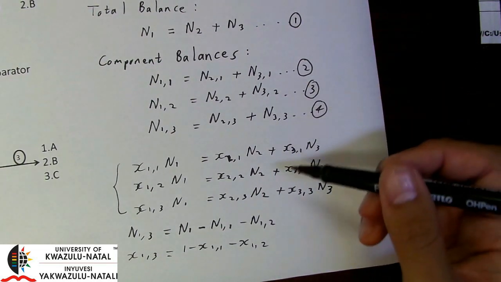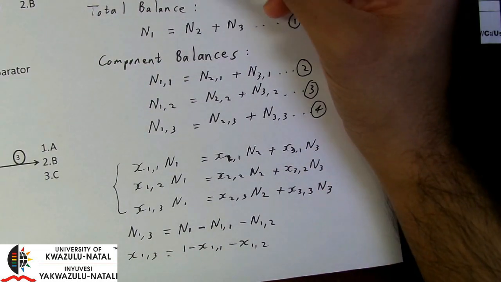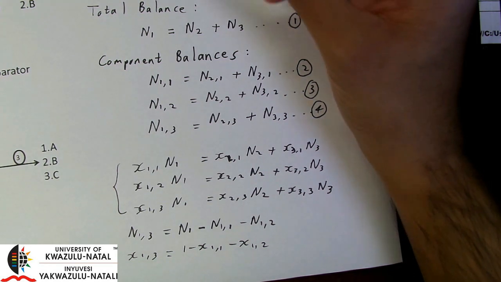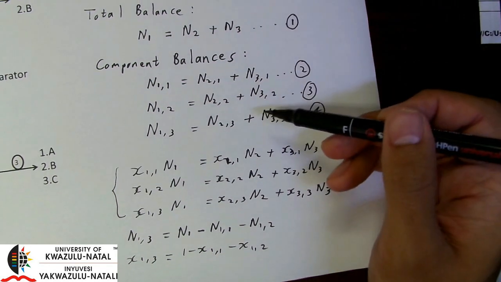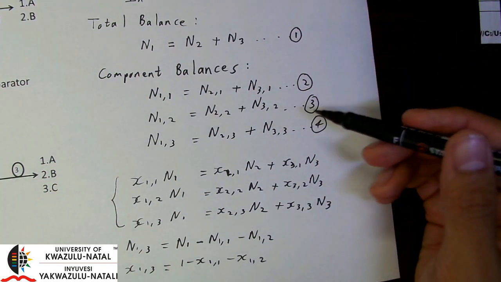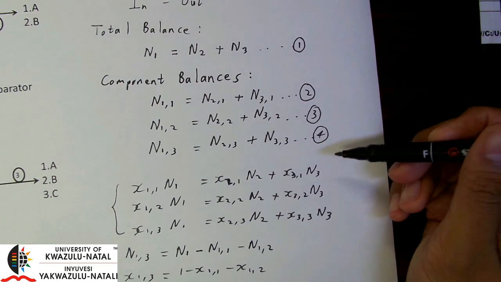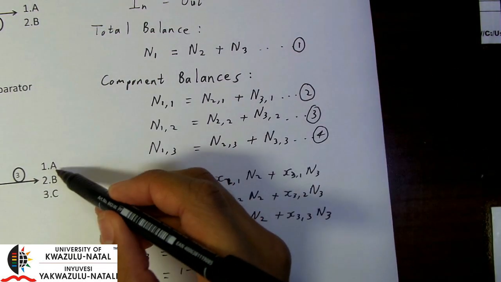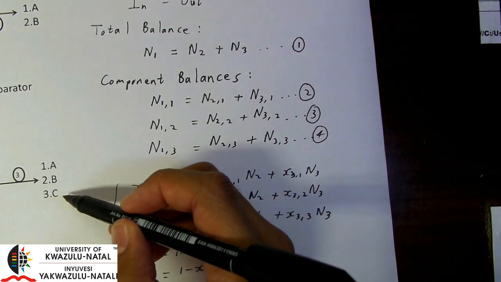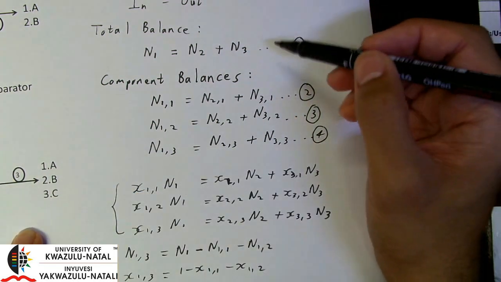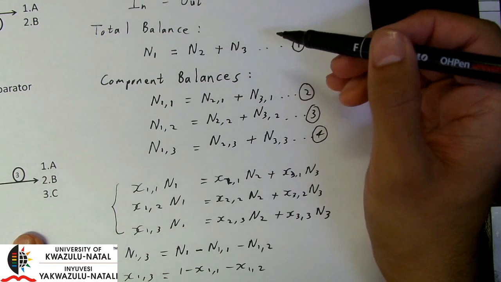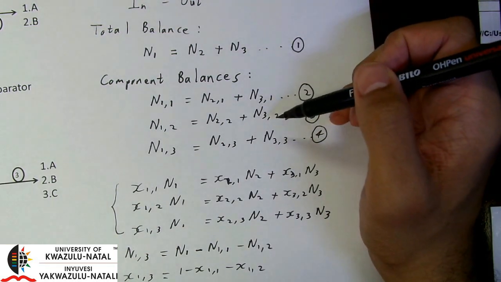So we find that not only are our variables dependent or independent, but our balance equations can also be dependent or independent. For this particular case, we have a maximum of 3 components, and ultimately there are a minimum of 3 independent balance equations.